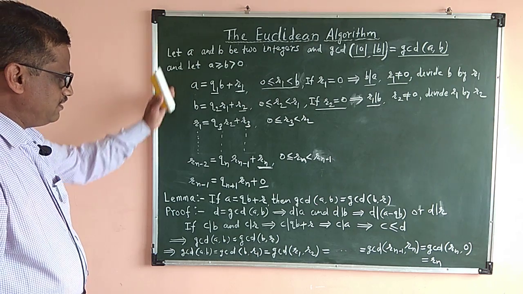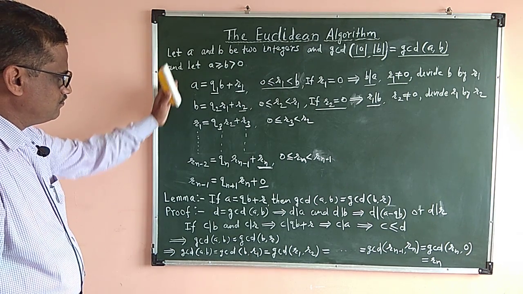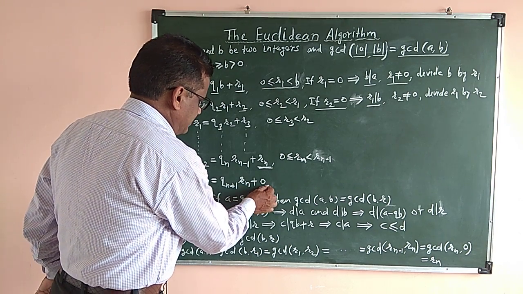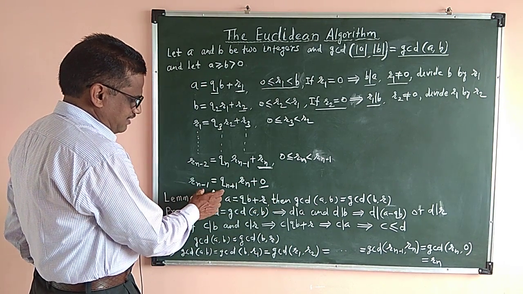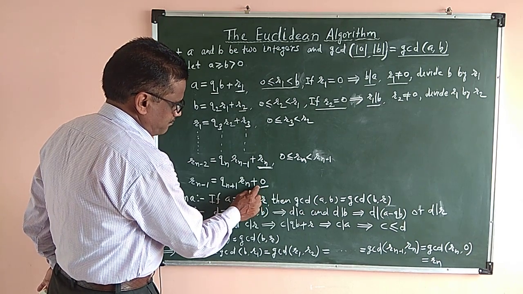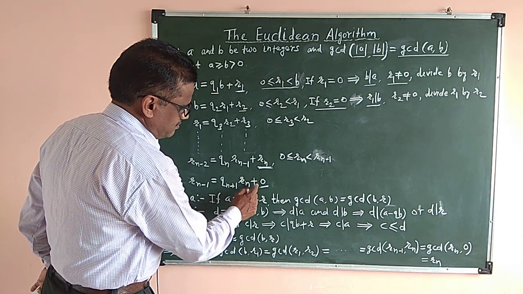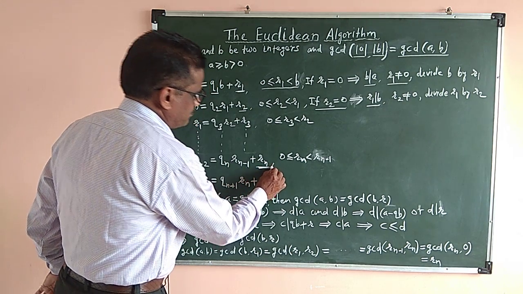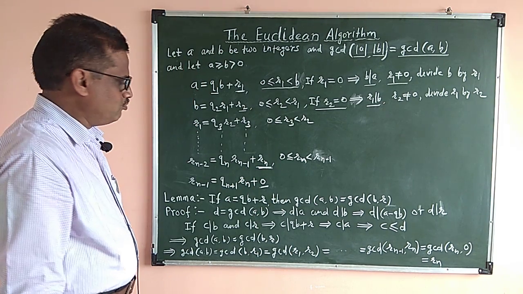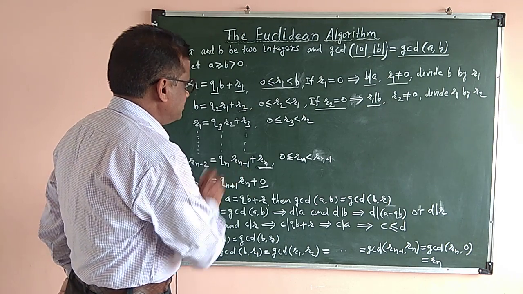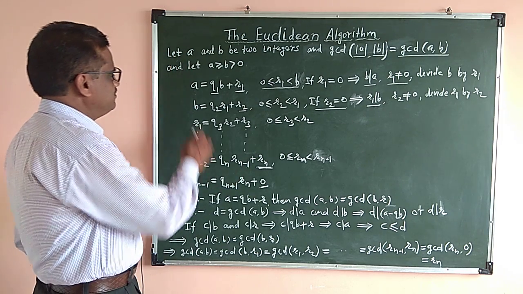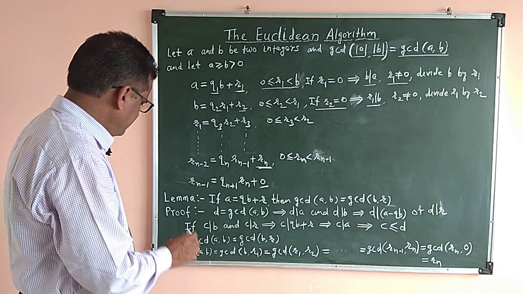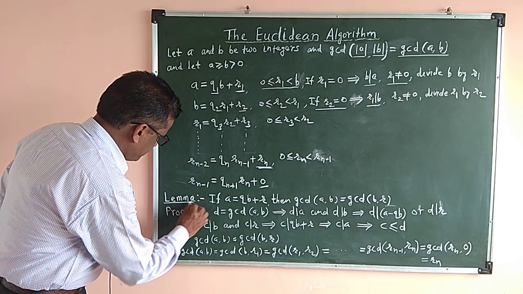In this way, we can carry out this process step by step. Lastly, we approach remainder 0, and the last non-zero remainder is Rn. Now, Rn is nothing but the GCD of A and B, and this we will discuss in a lemma.